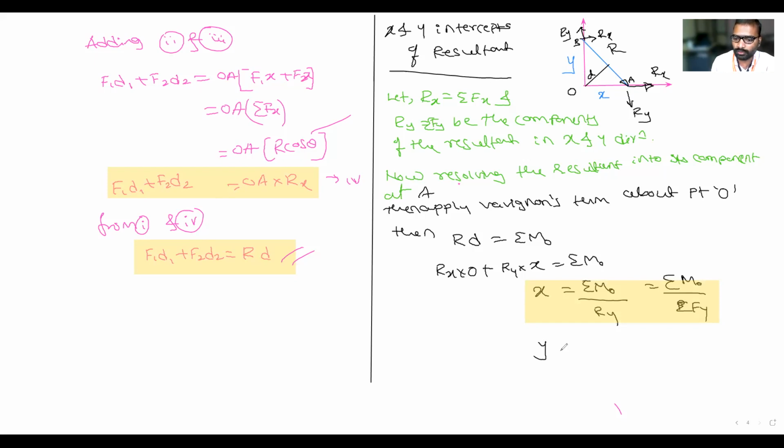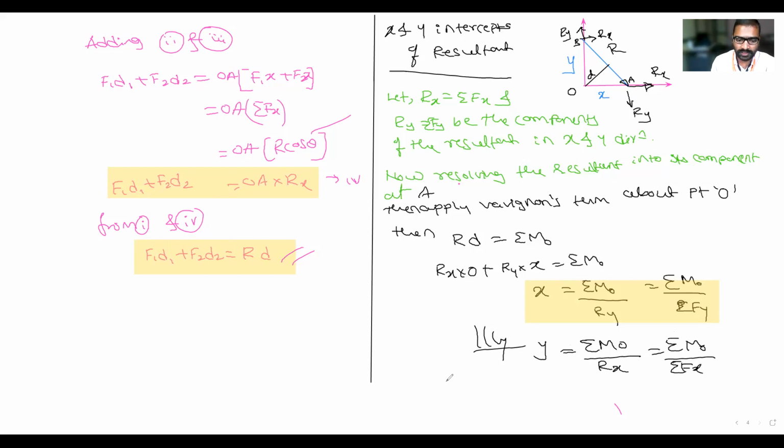Then y is equal to summation of moment about O divided by Rx, that is, summation of moment about O divided by summation of Fx.